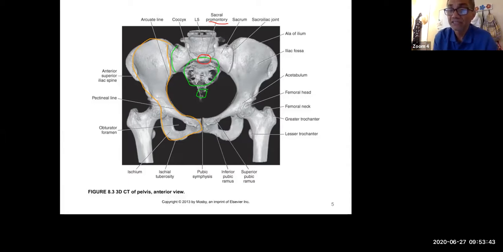And of course, we said this angle is used with an imaginary line to separate the pelvic cavity from the abdominal cavity. Anybody remember that line? What's the name of the imaginary line? It extends from the sacral promontory to the symphysis pubis.